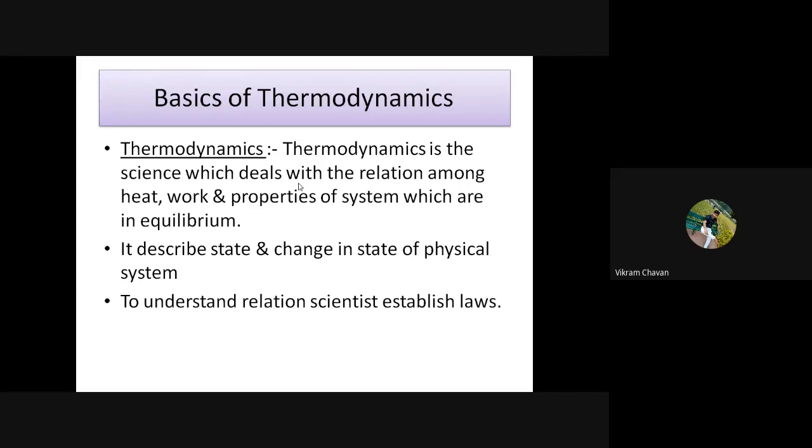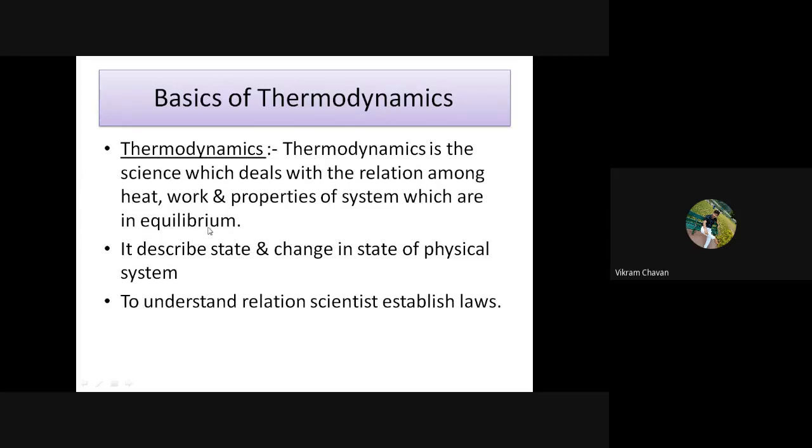So thermodynamics, one can say, is the science which deals with the relation amongst heat and work, and properties of systems which are in equilibrium. The most important word is equilibrium. That differentiates heat transfer and thermodynamics.